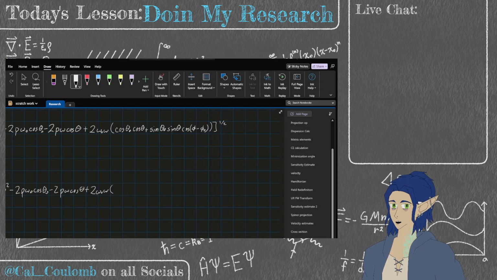It'll get hard to read if I have an index on an index. Cosine theta naught cosine theta plus sine theta naught sine theta cosine of phi minus phi naught.